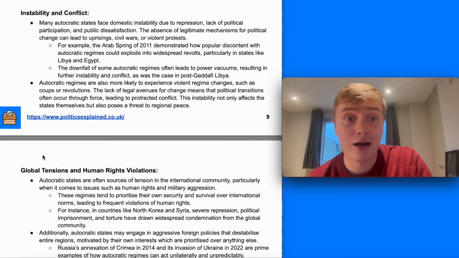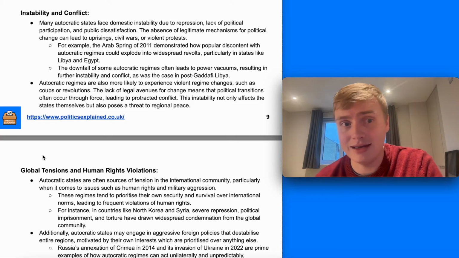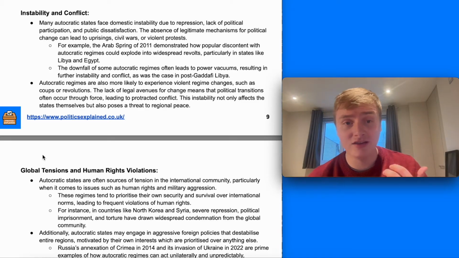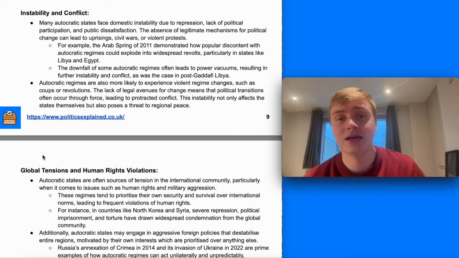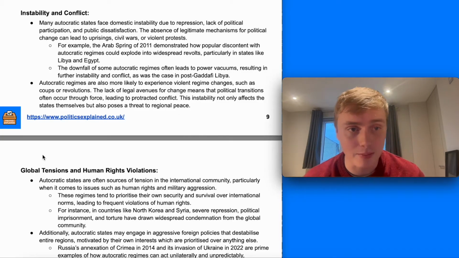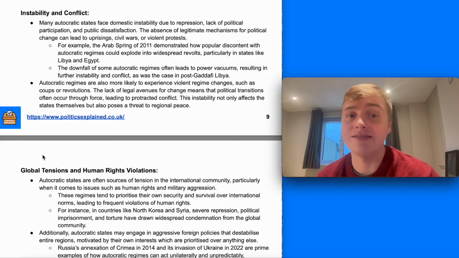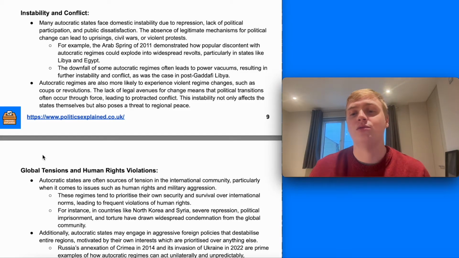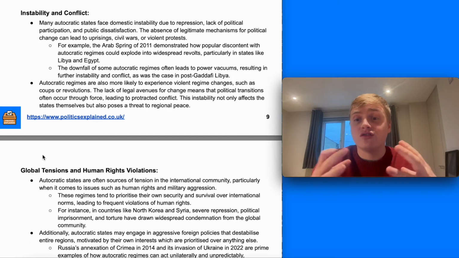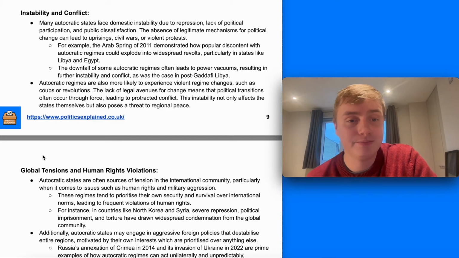For example, during the Arab Spring of 2011, popular discontent with a number of autocratic regimes across the Middle East and North Africa exploded into widespread revolts, particularly in states like Libya and Egypt, which led to significant political instability and the downfall of some of these autocratic regimes, which can lead to power vacuums and influence the region, creating greater instability.